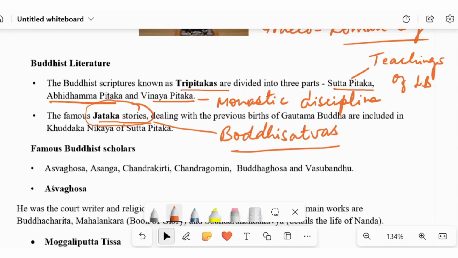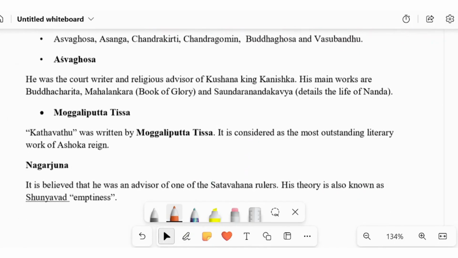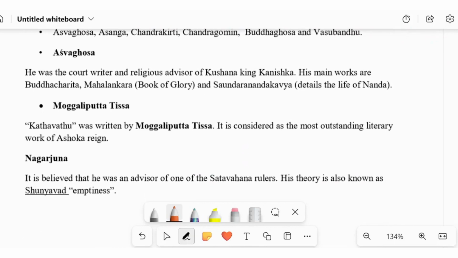Then we come to the work of Ashwaghosh. Ashwaghosh was a famous scholar in the court of the Kushan ruler Kanishk. So his famous works are Buddhacharit, Mahalankar, and Sondaranand Kavya. Now, Mogaliputta Tissa, in my previous video also, I had discussed Mogaliputta Tissa.